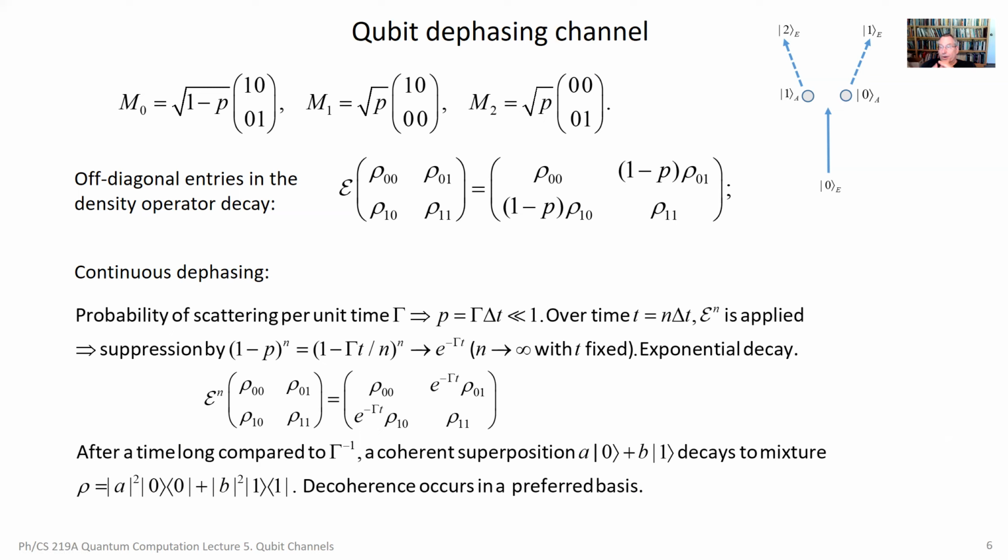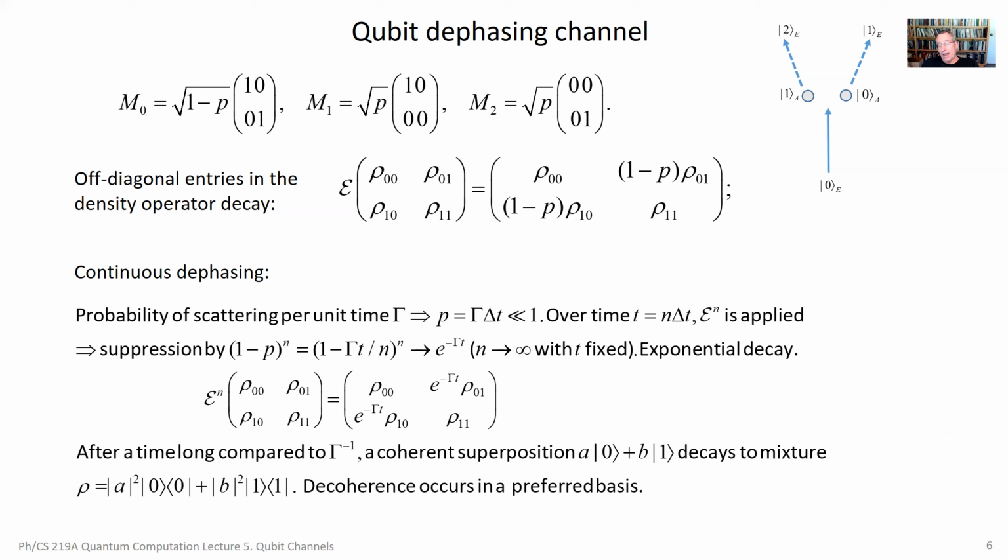But now suppose I consider many such tiny time intervals, so the total time that elapses is n times delta t, where n is a large integer. Then this channel is actually applied many times in succession. Every time a photon comes by, it comes by each time interval delta t, let's say. So in time n delta t, the channel has been applied n times.